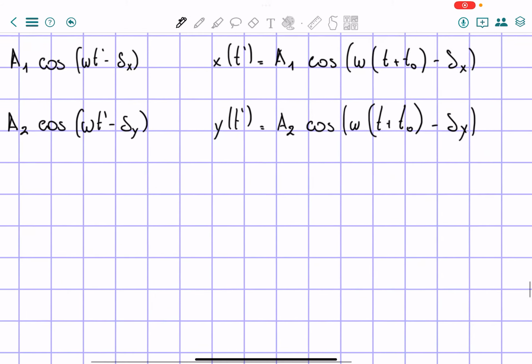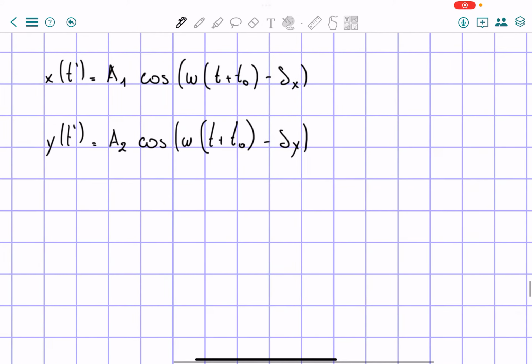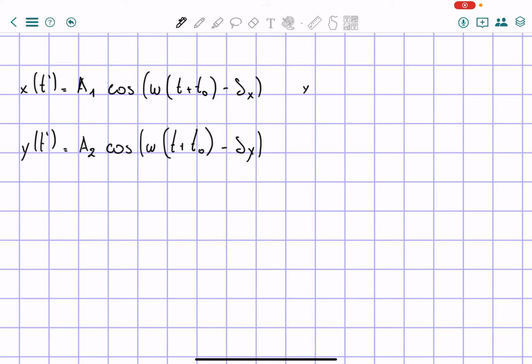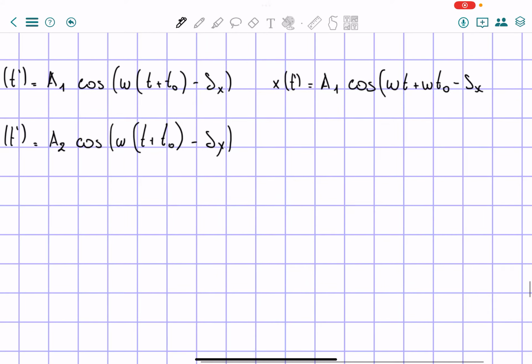So now I can solve this and multiply it out. So x in terms of t prime is equal to a1 cosine of wt plus wt naught minus phase shift x, then y in terms of t prime is equal to a2 cosine of wt plus wt naught minus phase shift y.